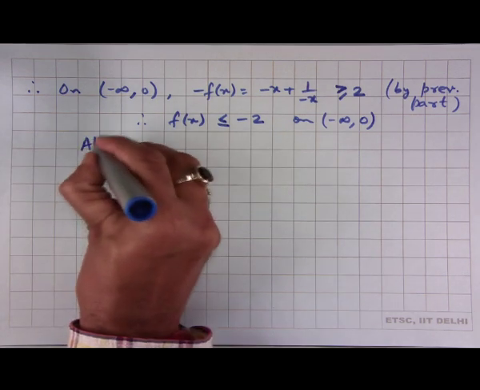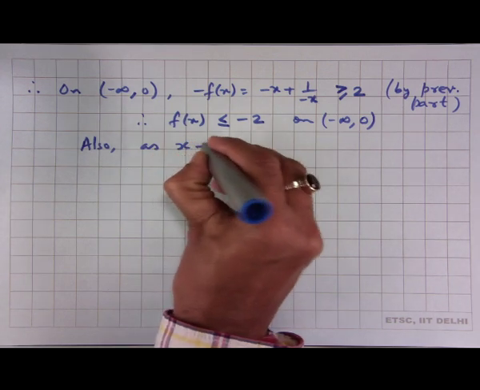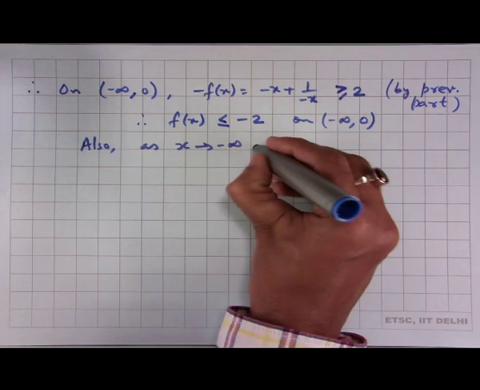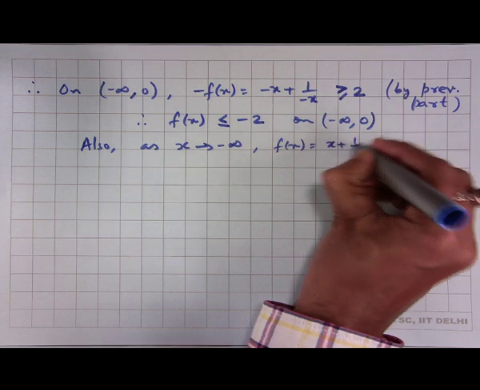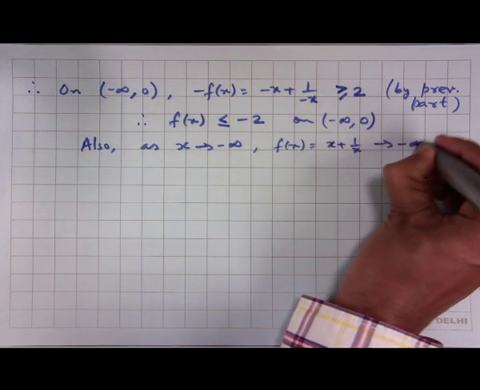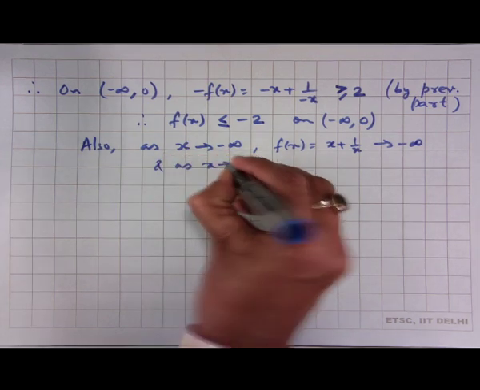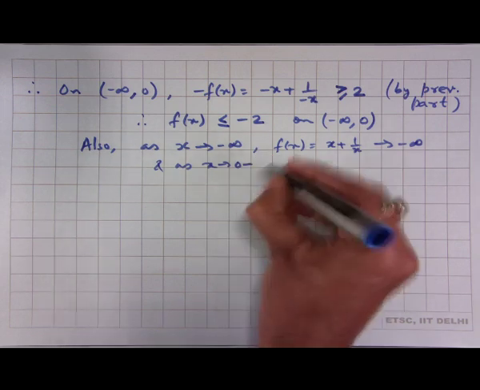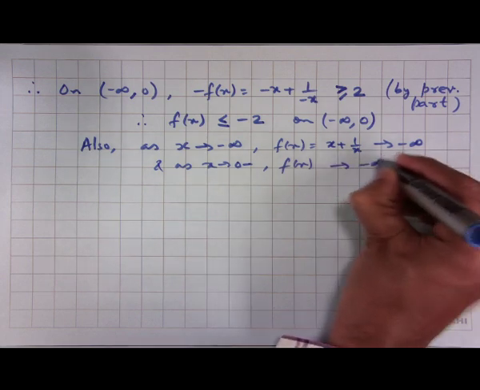Also, as x goes to negative infinity, f of x equal to x plus 1 by x goes to negative infinity, and as x goes to 0 from the left, again f of x goes to negative infinity.